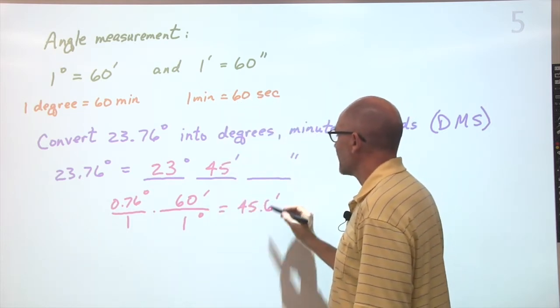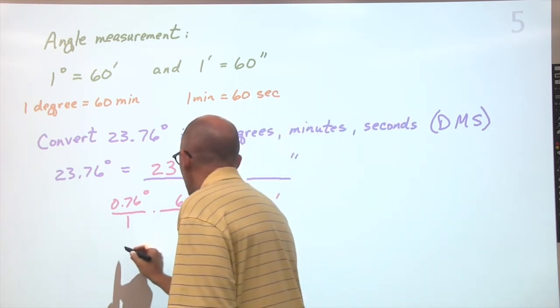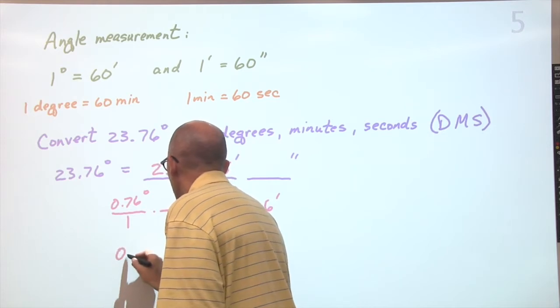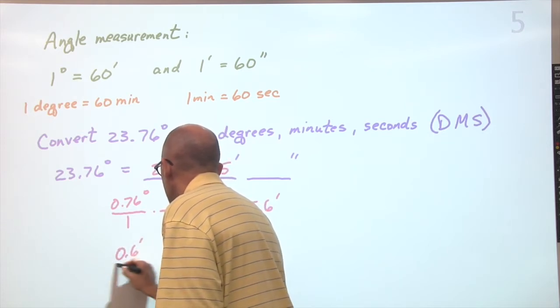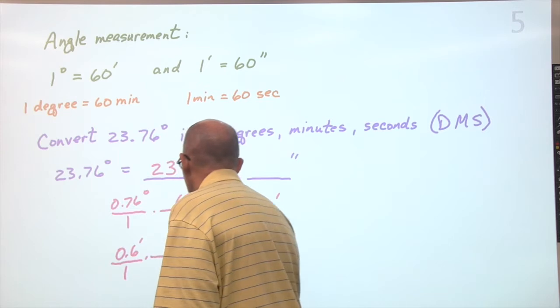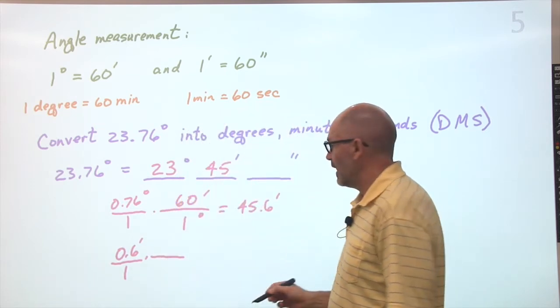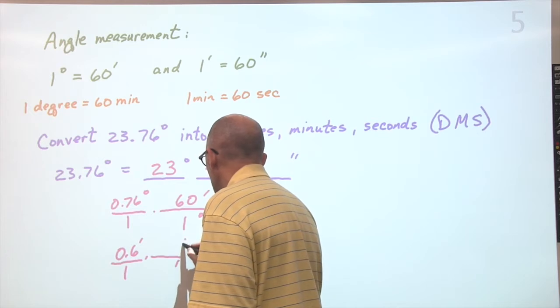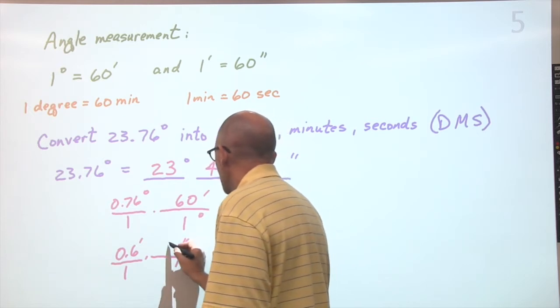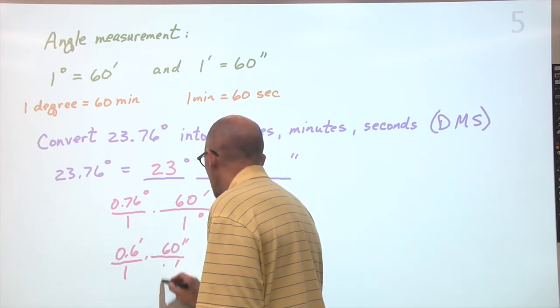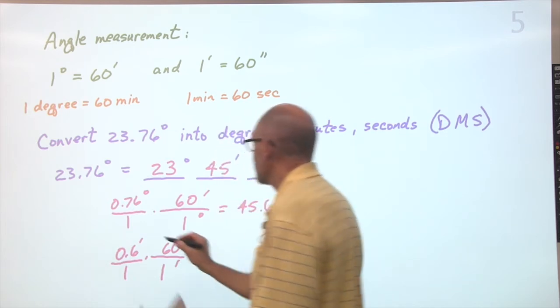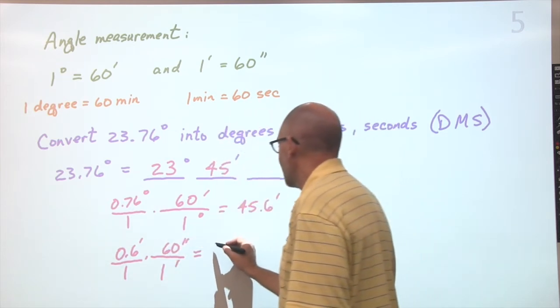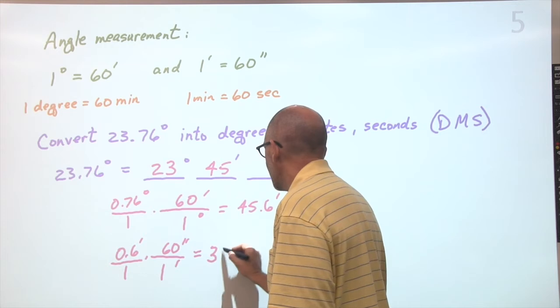Now I take what's left, the 0.6 minutes, and I need to convert that to seconds. So I do the same thing again. I want to get rid of minutes, so I put minutes on the bottom and put seconds on the top. There are 60 seconds in 1 minute, and so when I multiply 0.6 times 60, I have 36.